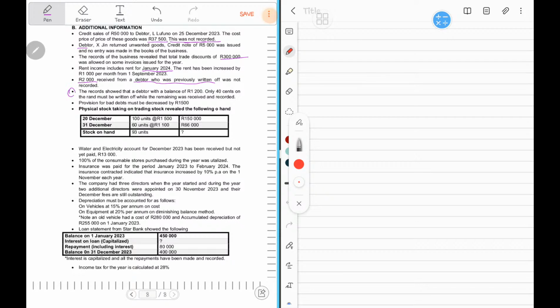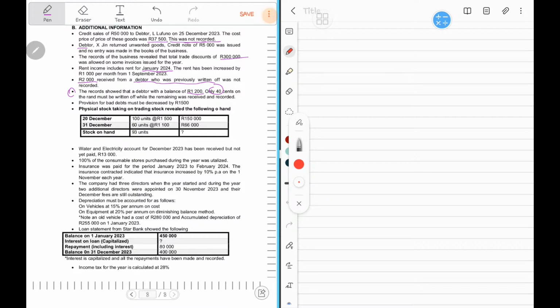We're being told that the records showed that a debtor with a balance of 1,200, only 40 cents on the rand must be written off, while the remaining was received and recorded, meaning that from the 1,200, only 40 cents of that will be treated as bad debts. Remember, each time we write off a debtor, bad debts increase, it does not decrease.